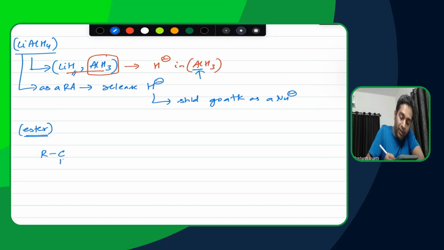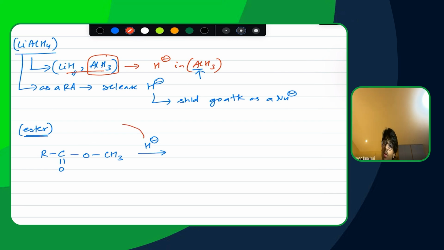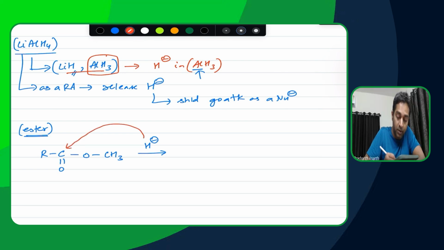So let's say I have an ester. Let's take a simple methyl ester. If I want to perform a reduction of this with H minus, the first H minus will come and attack the carbonyl carbon. As expected, it will perform a nucleophilic addition, resulting in this intermediate being formed.